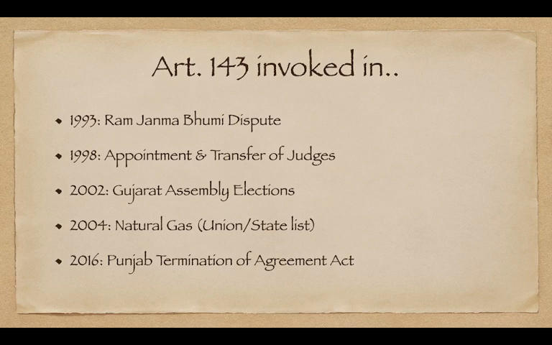So quite a few political questions have reached the Supreme Court via Article 143, but the court has dealt with almost all of them except for that one exception in the Ram Janmabhoomi dispute.